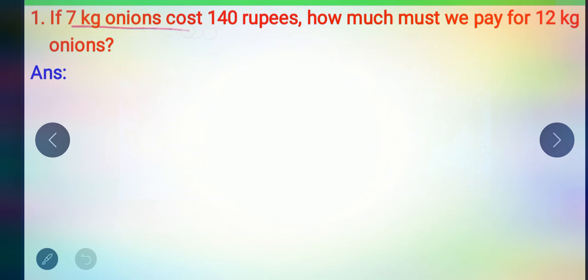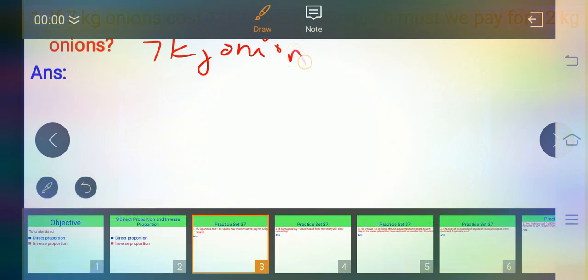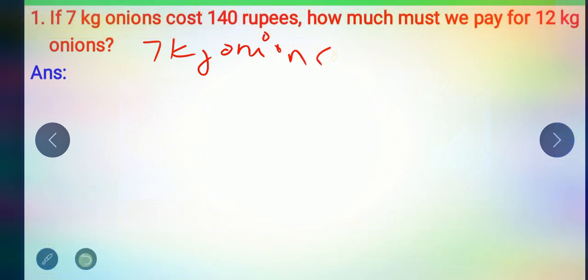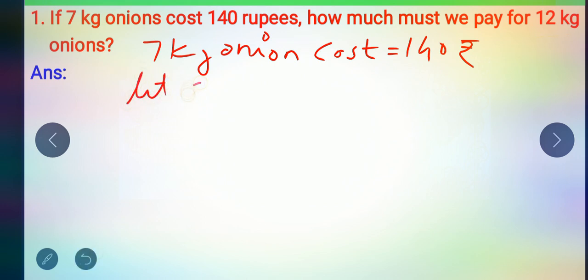Here the cost of 7 kg onion is given as 140 rupees. We have to find for 12 kg. So what I'll do is, let the cost of 12 kg be equal to x rupees.